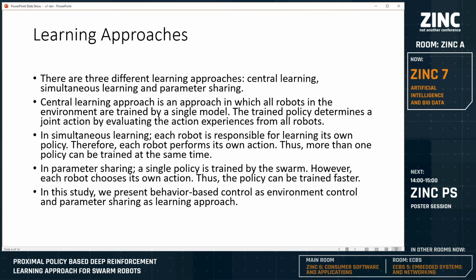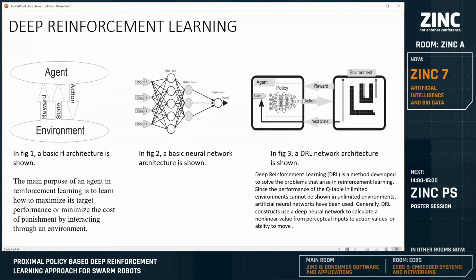In parameter sharing, a single policy is trained by the swarm. However, each robot chooses its own action, thus the policy can be trained faster. In the study, we present behavior-based control as environment control and parameter sharing as learning approach.